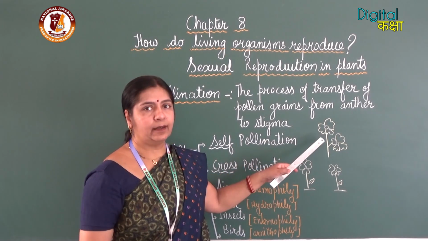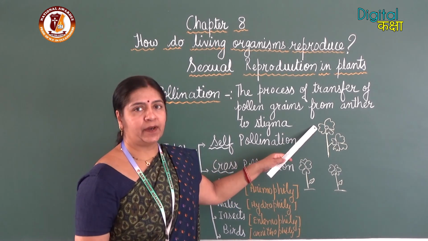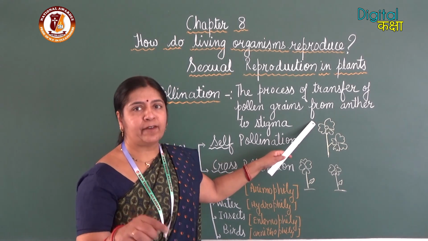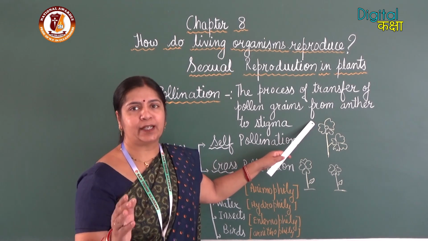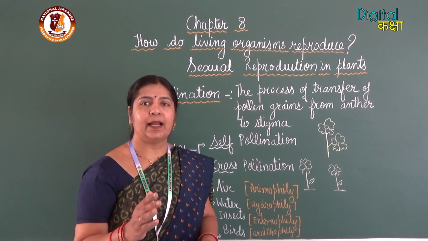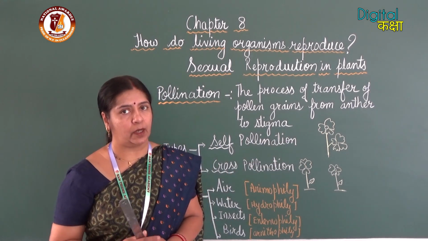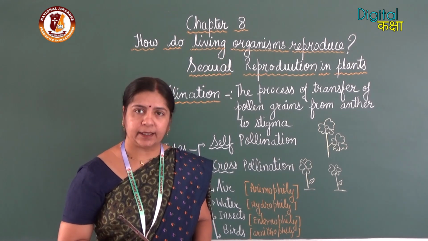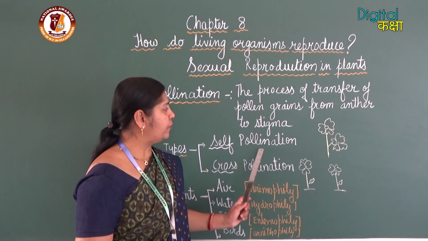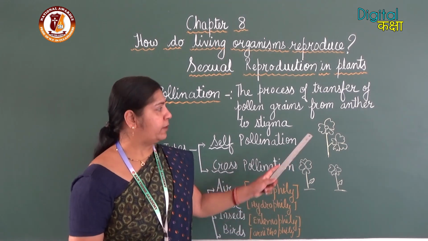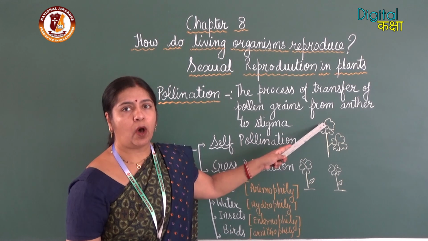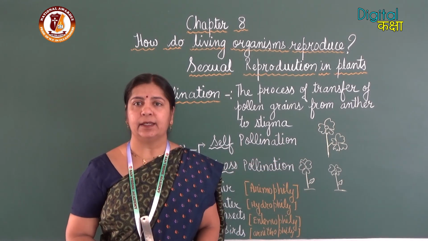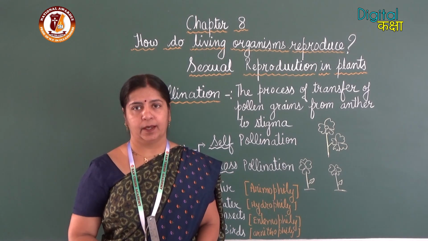As you can see here, the transfer from anther to stigma within the same flower, that is the bisexual flower, having both the male and the female gametes. So, within the same flower, or between two flowers on the same plant, we call it self-pollination.